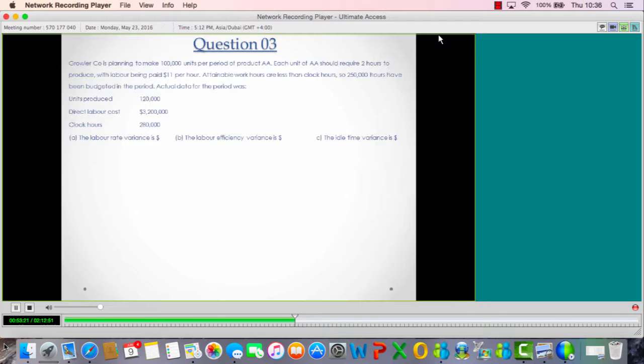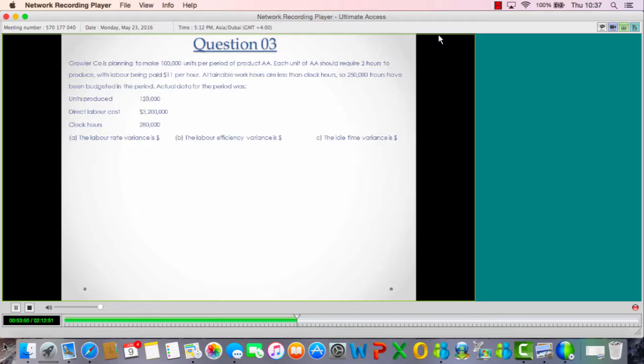Now they have told us here that attainable work hours are less than the clock hours, and 250,000 hours have been budgeted. Remember, they have budgeted 250,000 hours.